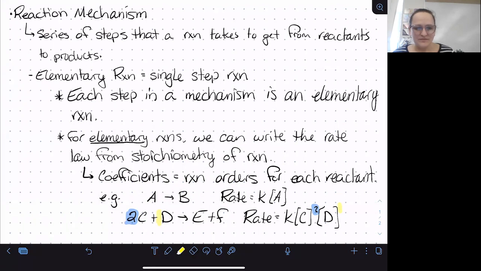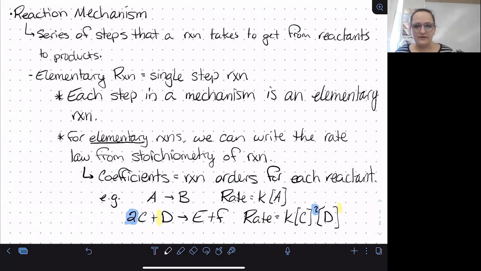So for elementary reactions, writing the rate law is super simple. We just need to look at the coefficients and those become our reaction orders. So what this allows us to do is write the rate law for every step in a mechanism individually. And then we'll talk in the next video about how we can use those individual step rate laws to determine the overall rate law for a reaction.